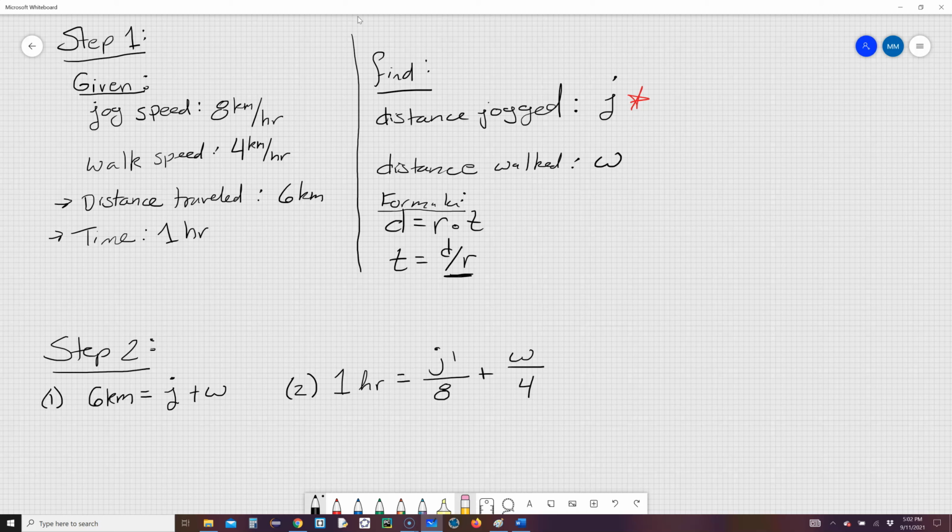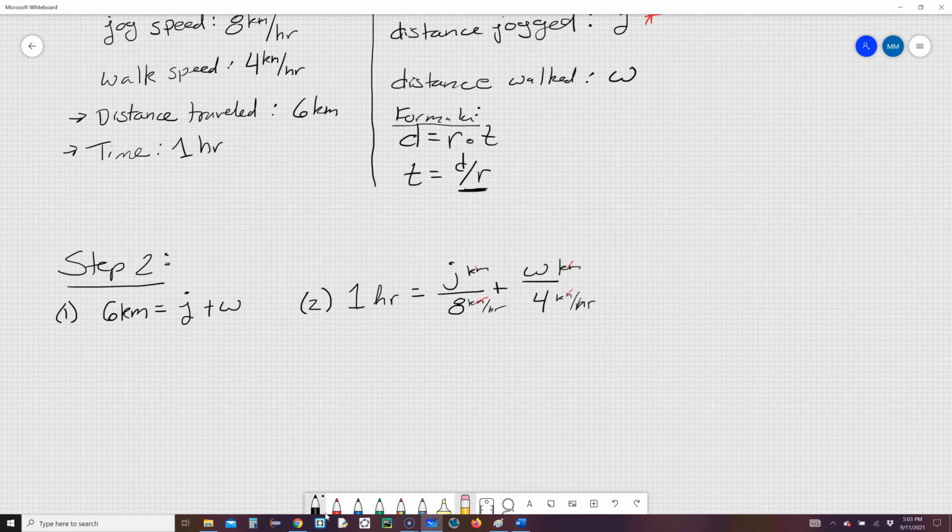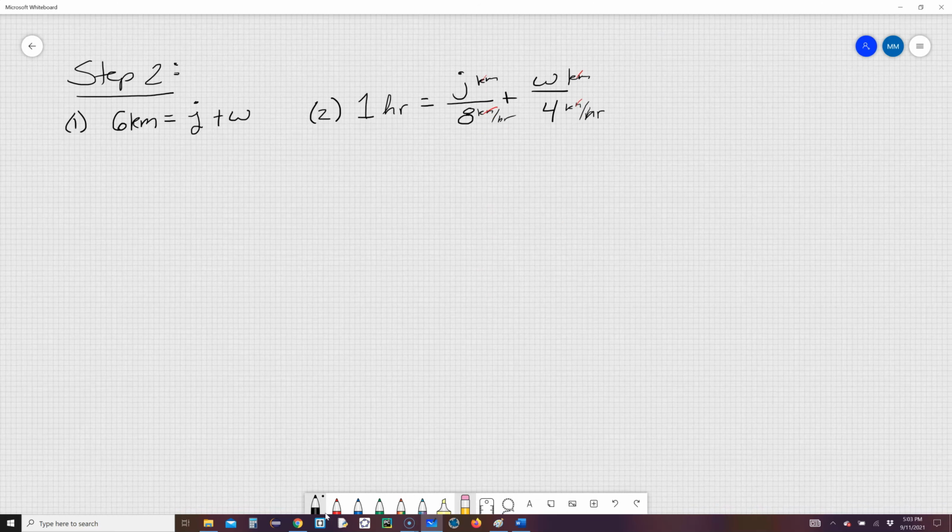So notice that jog would be in kilometers, walking would be in kilometers, this would be in kilometers per hour, this is kilometers per hour. If we do all the flipping and multiplying and so forth, we will find that the kilometers drop out and we are left with hours back up in the numerator, which is the units we want. So that will work out for us. We don't need the units until the very end.